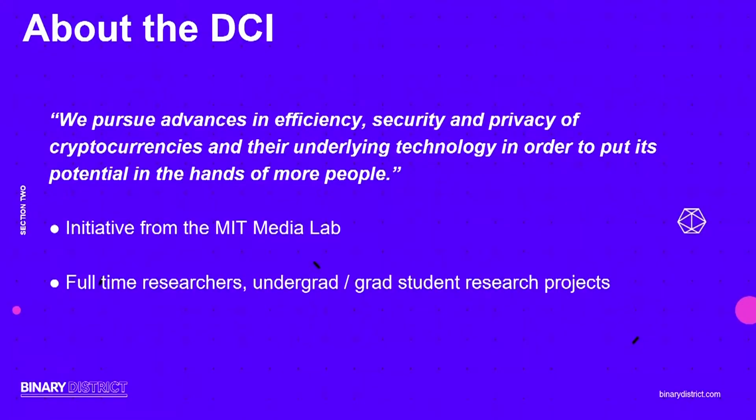A little bit about the DCI for the people that don't know it. It's an initiative from MIT's Media Lab. They have some full-time researchers on staff. They also do research projects with undergrad and grad students. Some of the projects that they work on, obviously layer 2, which is what I'm here to talk about today.